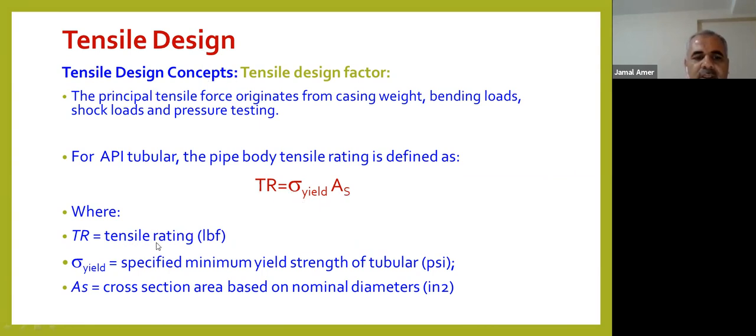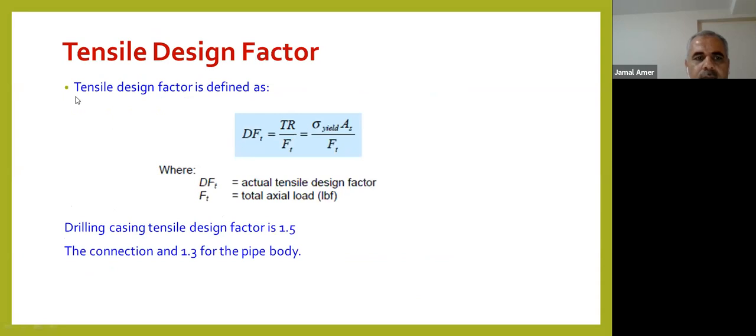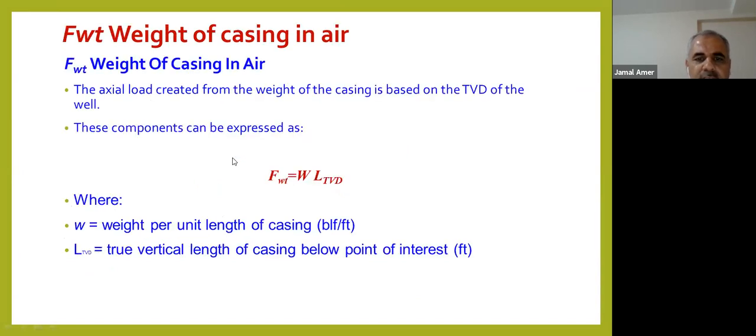It is multiplied by tensile rating multiplied by its cross-sectional area. Tensile design factor, then we apply design factor. For all loads, as I mentioned before, we have to apply design factor.